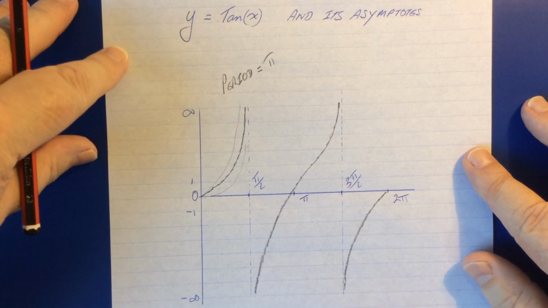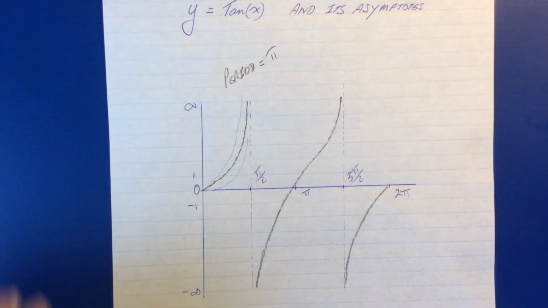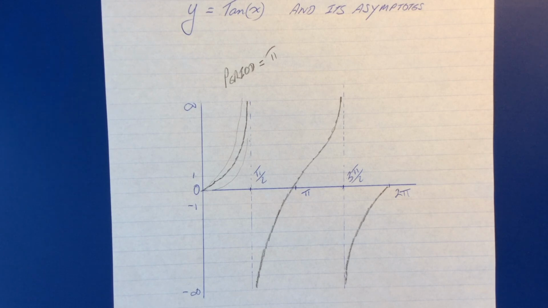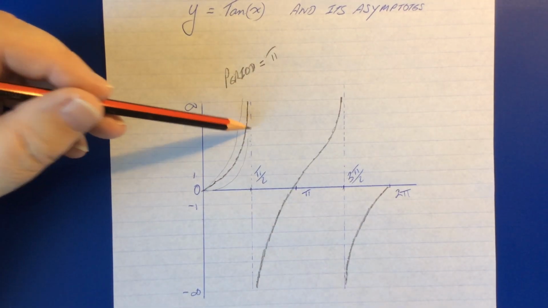So think back to when you were learning trig values. You would have seen that the tangent of 30, 60, 45 degrees, they were all defined and they had their values. But you would also have seen, if you were looking at a table of this, that the tangent of 90 degrees was undefined. And that brings us back to these asymptotes.